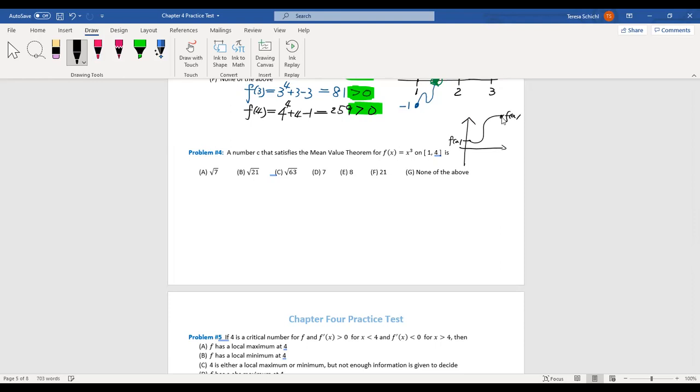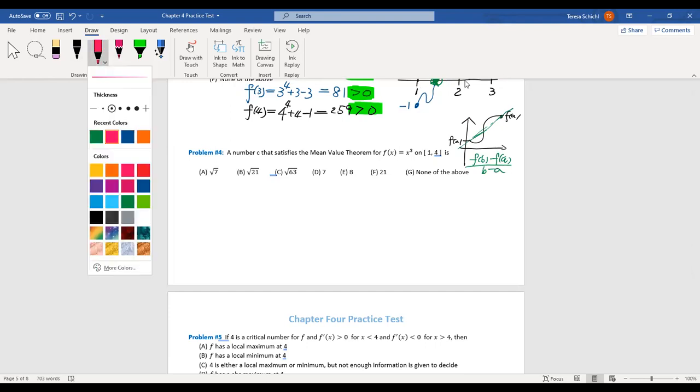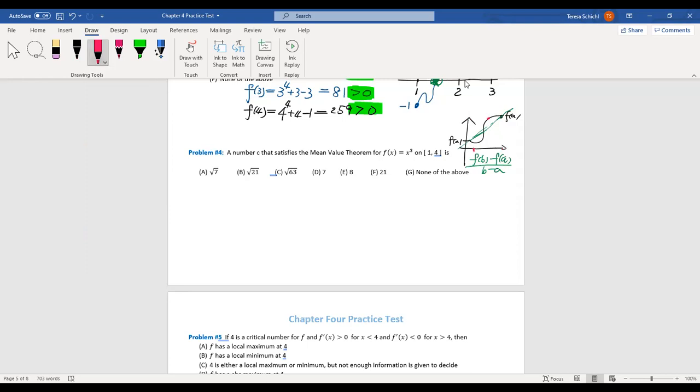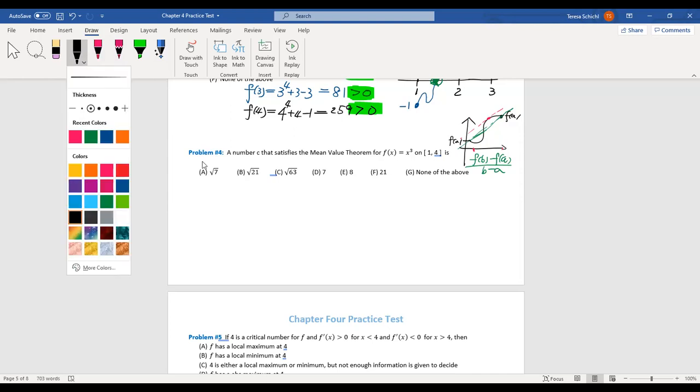If you connect these two points, you will get a line, and the slope of this line will be f of B minus f of A over B minus A. So the mean value theorem tells you that you're going to find, in between A and B, a C where the tangent line at this C will have the same slope. That's what we talk about with the mean value theorem here.